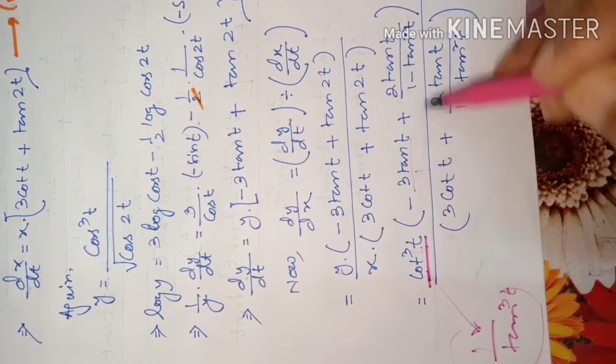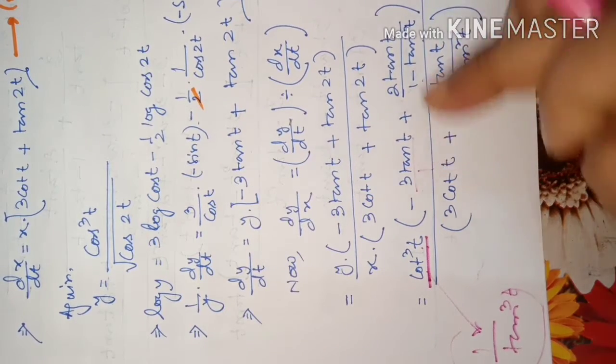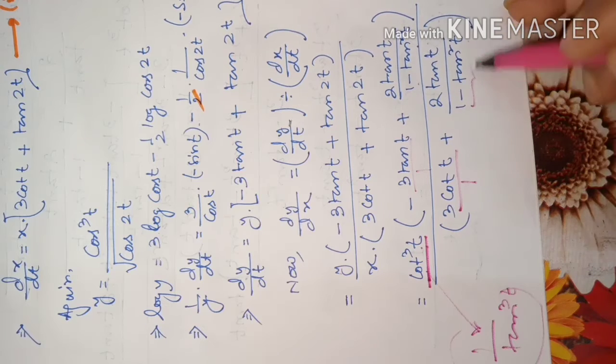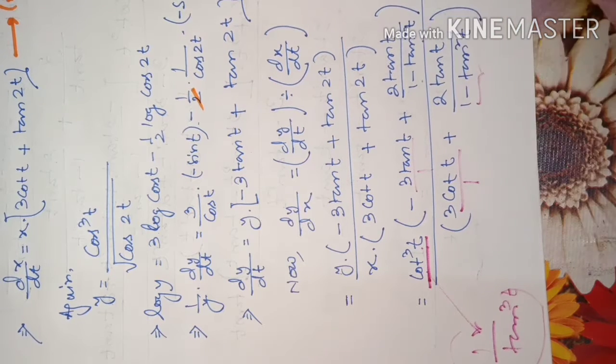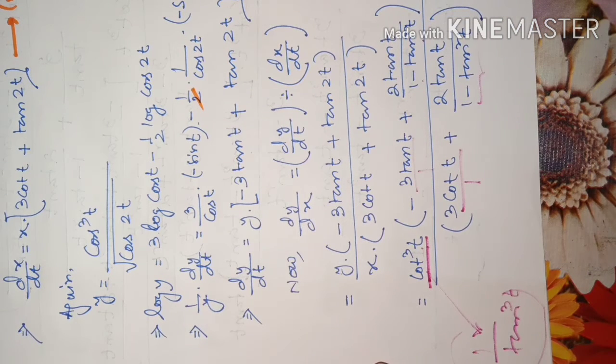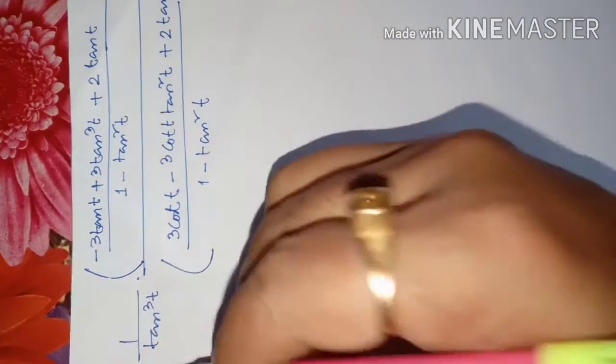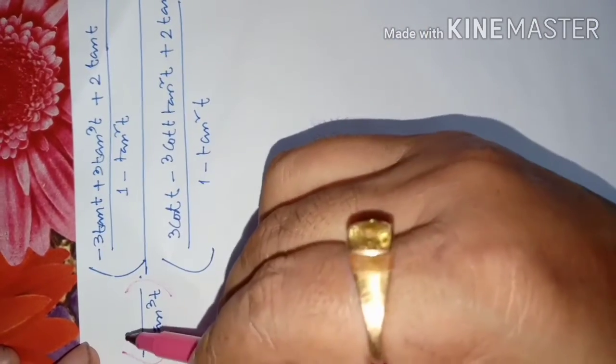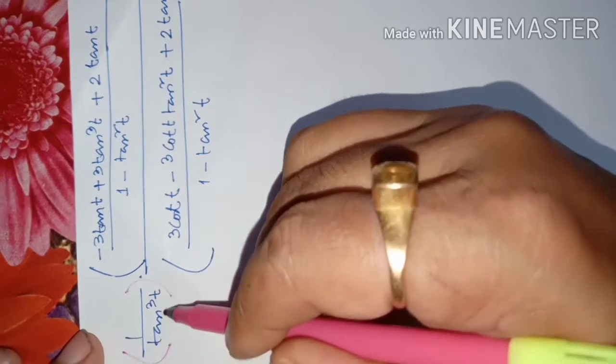Below this there is a 1, and here 1 minus tan square, so the LCM will be 1 minus tan square. Here also below this there is 1 and here 1 minus tan square, so the LCM will be 1 minus tan square. That is the change you will see on the next page. So now you can understand why this 1 by tan cube has come: because it was cot cube, I have written it as 1 by tan cube t.